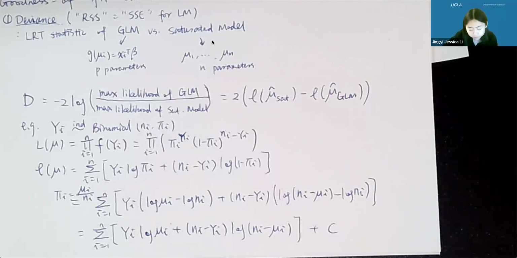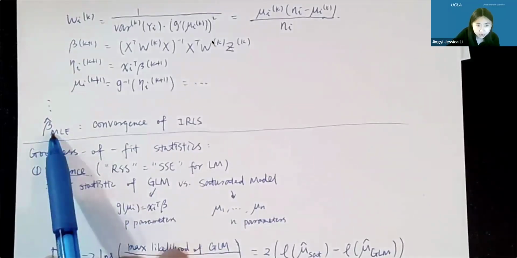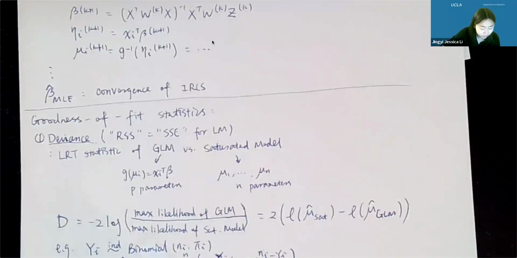That's the model fitting part. And regarding inference, next time we'll also talk about how to use the MLE, beta hat, to construct a test statistic, so we can test whether beta is 0 or not. That's the plan for our next class.